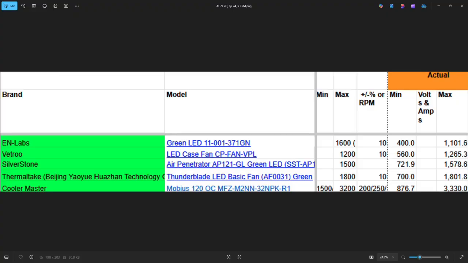And so you can see the NLabs fan had a maximum of 1101.6, which is well below the minimum that it should have been. It should have been 1600 plus or minus 10%. So either they have misrepresented the fan, or equally likely, it's possible that the fan is simply damaged.